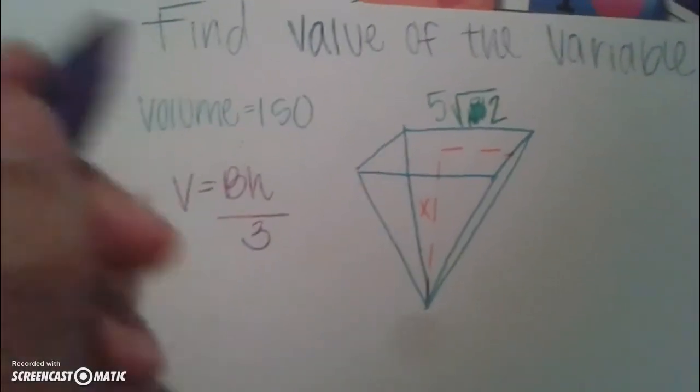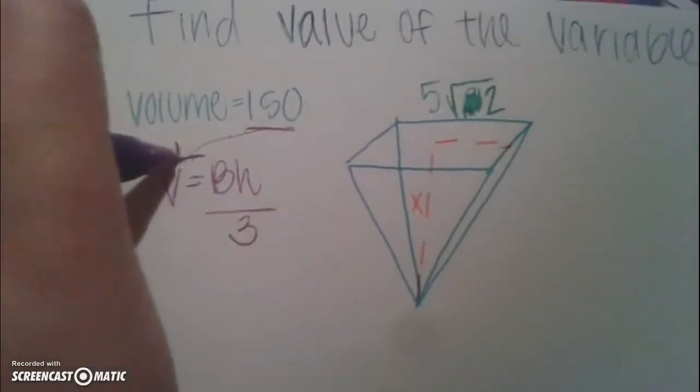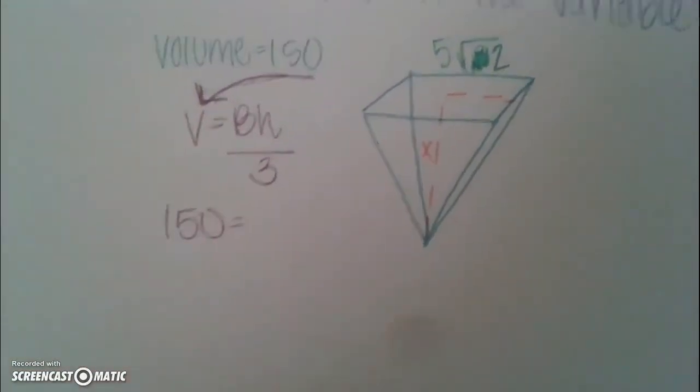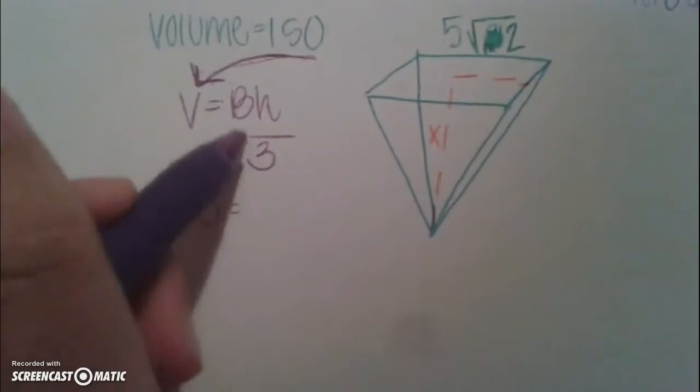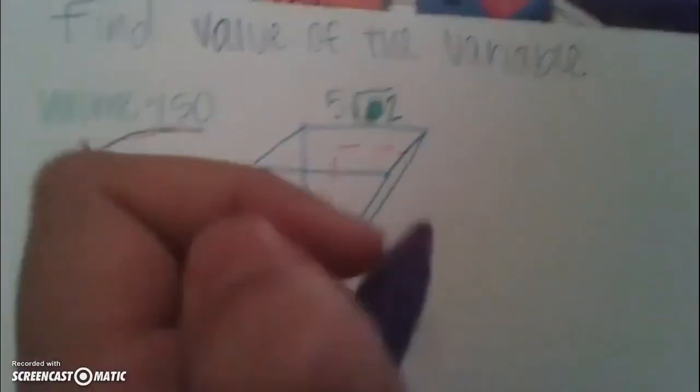We want to plug this in right here because we know that's the volume. So 150 equals, and now we have to find the area of the base, which it gives us an edge, so we just have to square that.